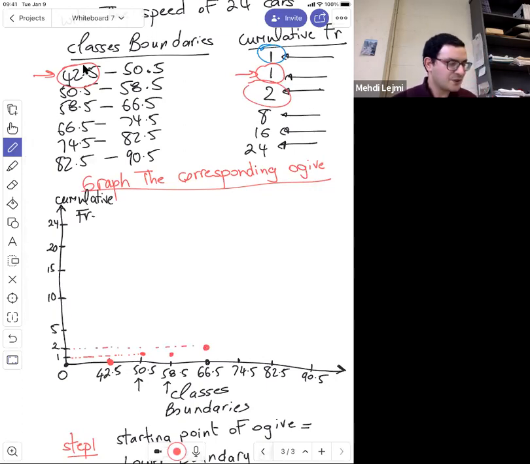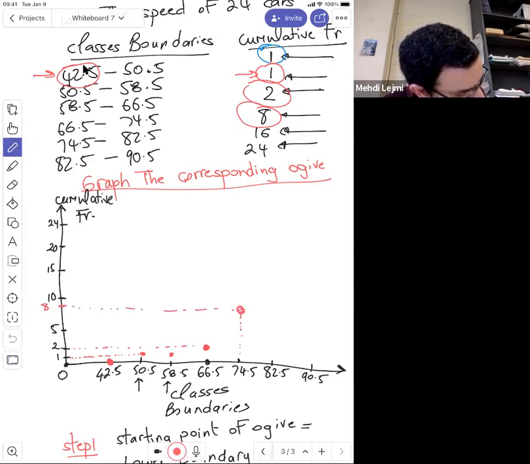The height of this point is 2, the cumulative frequency of the third class. Fourth class, cumulative frequency is 8, so we go up to 8, somewhere right here. This point represents the cumulative frequency of the fourth class.